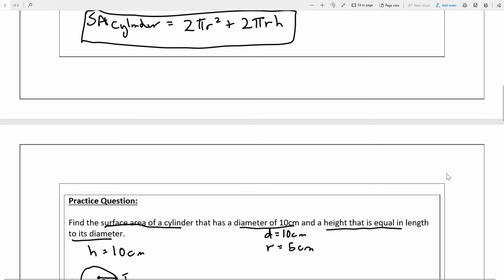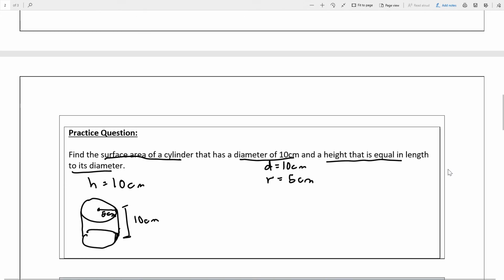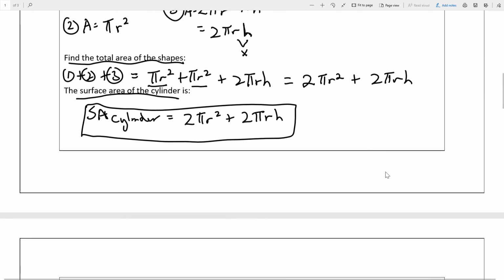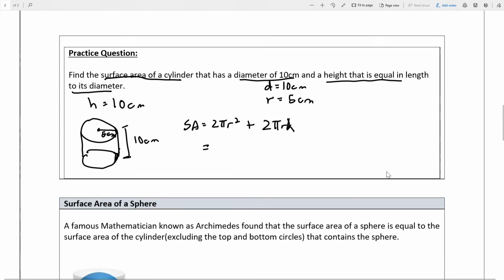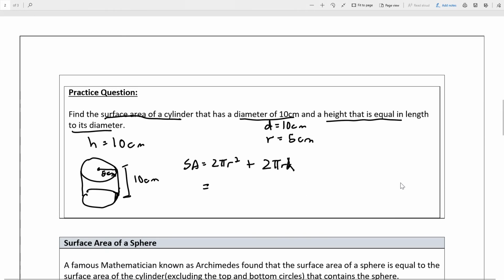So surface area is equal to 2 pi r squared plus 2 pi rh. Okay. So let me just double check that the formula is the same one as the above. Yes, it is.